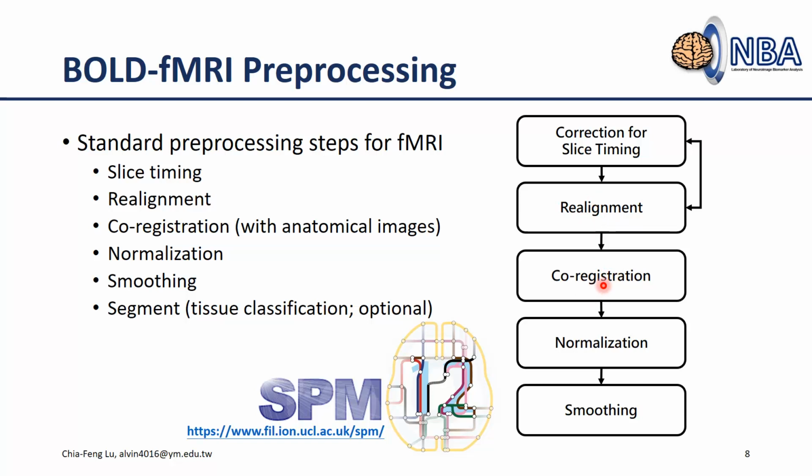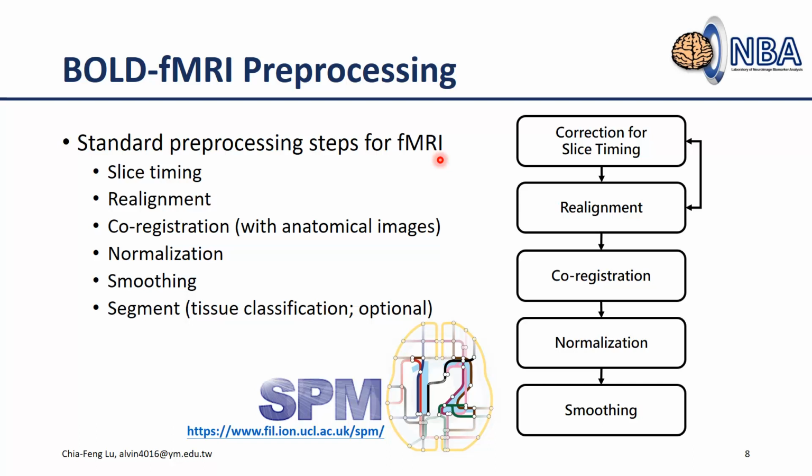And then the co-registration. This is the step where we register our fMRI imaging to a high resolution, high signal quality anatomical imaging, called T1 weighted imaging. This is very important because for fMRI, we need to sacrifice some spatial resolution for temporal resolution, so we can really measure the temporal profile.